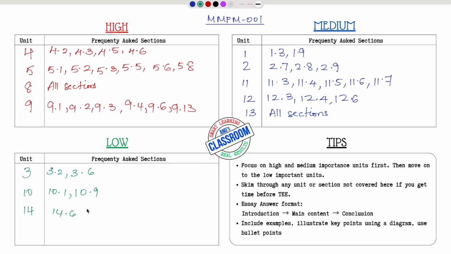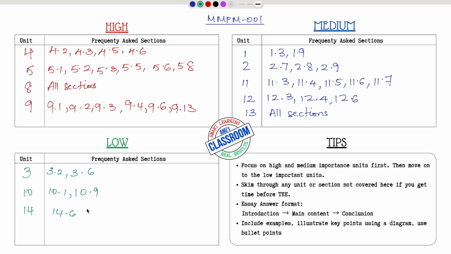And any unit or section that I haven't covered so far has not yet been part of any term end examination question papers. So, skim through the remaining part of your syllabus after you have completed learning the high, medium, and low priority units and sections. Why I'm suggesting not to ignore them is because I don't want you to sit blank if a question comes in the term end examination from a new section.